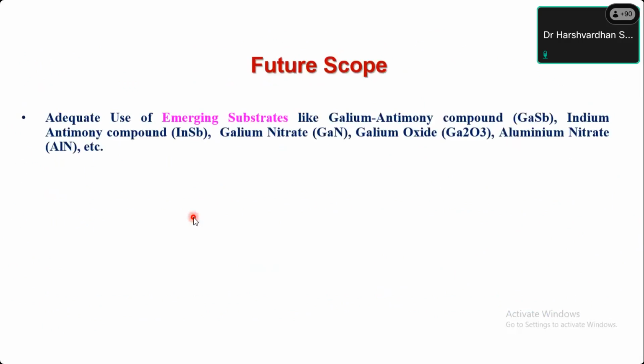All these substrates are nowadays used in application-specific designs where cost and losses matter, right? There we are generally not using silicon because of its lossy nature. So they use very high resistivity and good quality substrates, better than silicon. So that also can be used in on-chip antenna design in future.